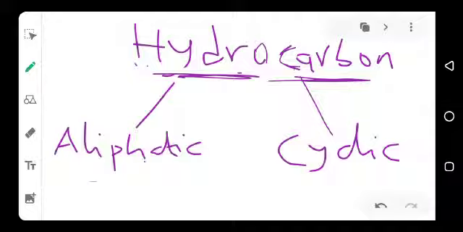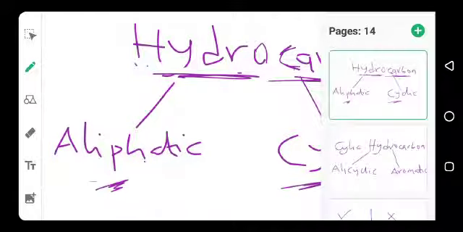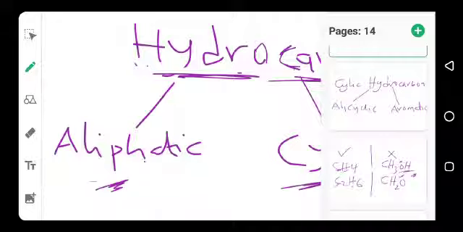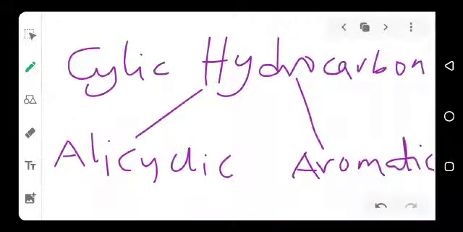So that's the difference between aliphatic hydrocarbon and cyclic hydrocarbon. Our compound of interest is the cyclic hydrocarbon. The cyclic hydrocarbon is again divided into two groups.